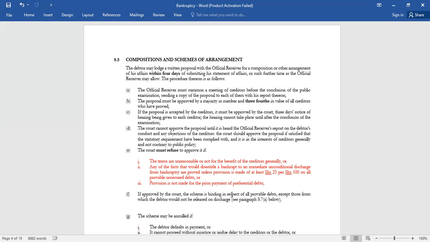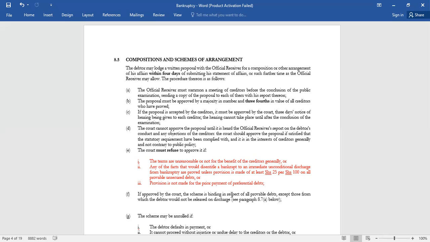So any of the facts that would entitle a bankrupt to an immediate and conditional discharge from bankruptcy are approved unless provision is made for at least 25 per 100 on all provable and secured debts.